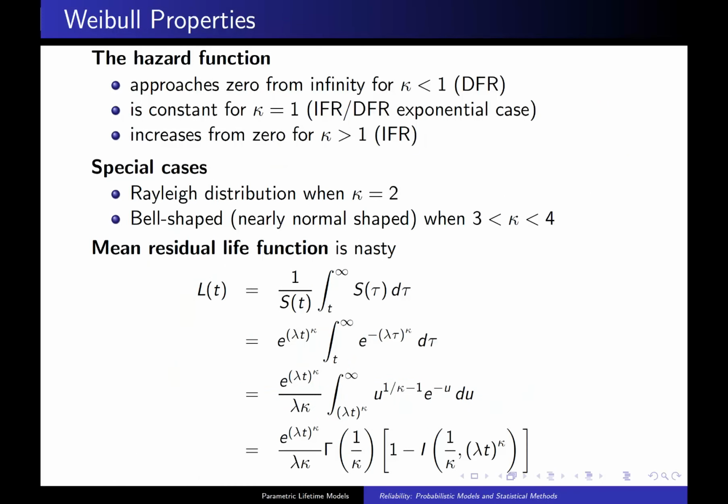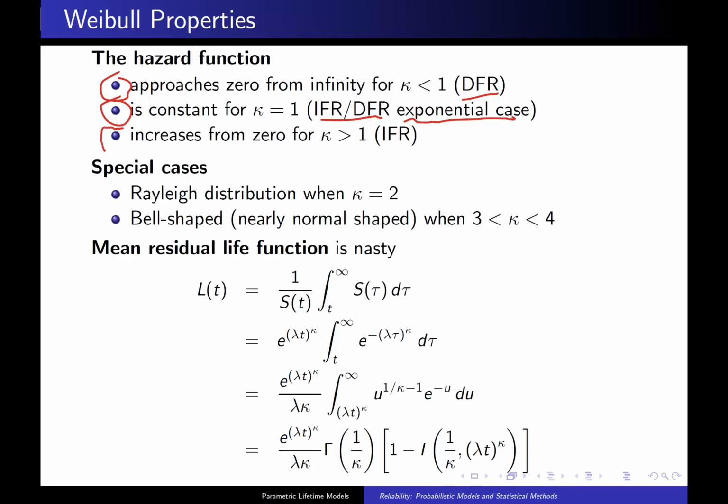The hazard function for the Weibull distribution approaches 0 from infinity when kappa is less than 1, and that is the DFR case. It is constant when kappa equals 1, and that falls in both the IFR and DFR classes. That is the exponential case.